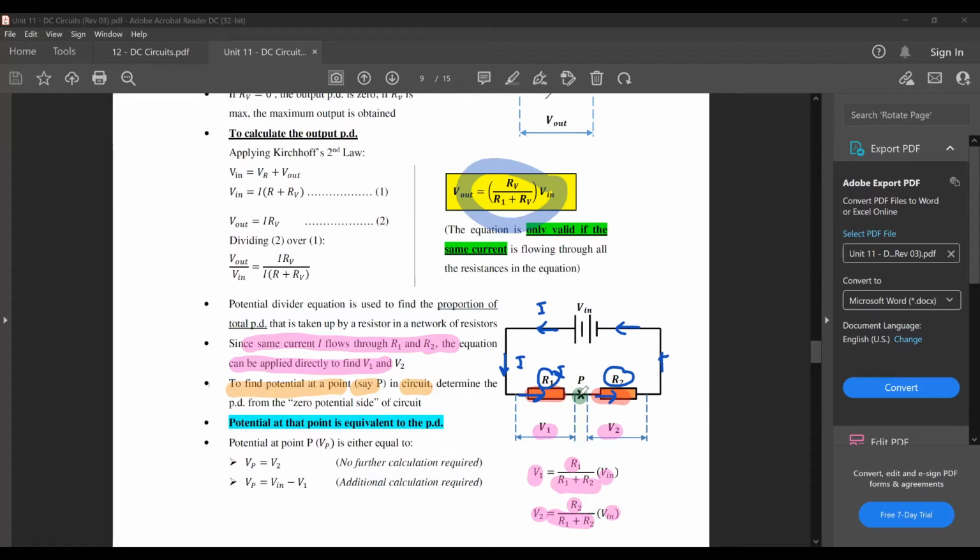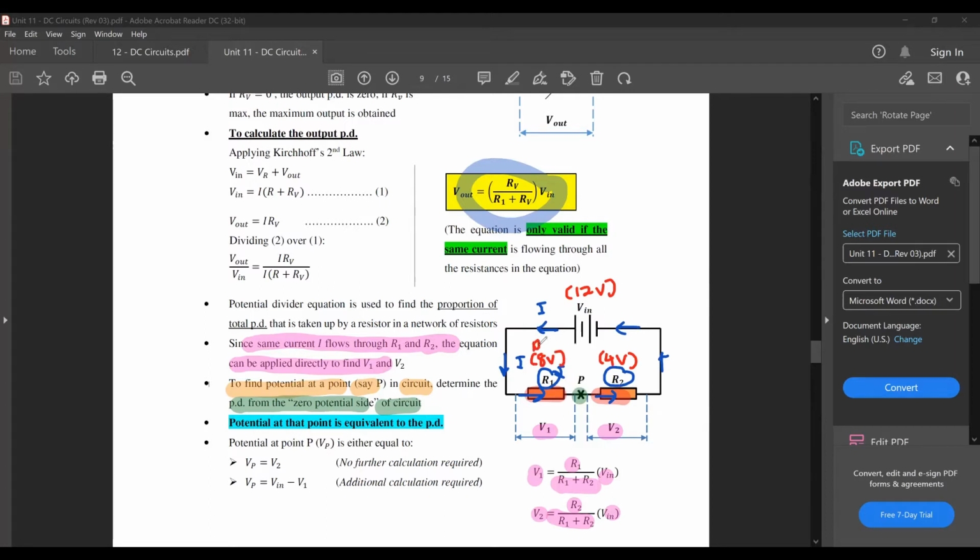They want you to find the potential here. So usually when you want to find the potential there, it's often easier to find the PD from the zero potential side of the circuit. What do I mean by that? If I tell you that your EMF is again 12 volts, your PD across R2 is 4 volts, and your PD across R1 is 4 volts.